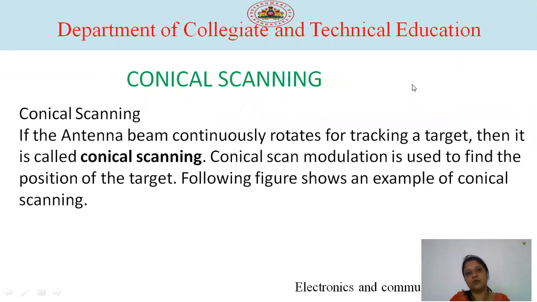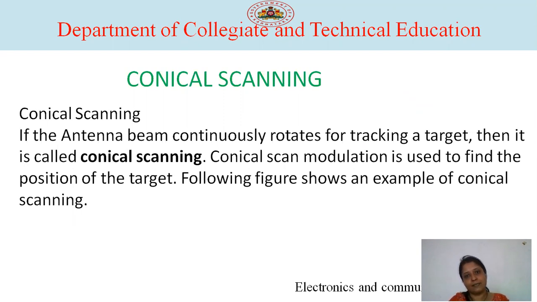Okay, next moving on to the next method, that is conical scanning. Conical scanning is nothing but an extension of lobe switching. In the lobe switching or sequential lobing method, we switched the position of the antenna between two positions, 1 and 2, the echo signals were received and those were compared.